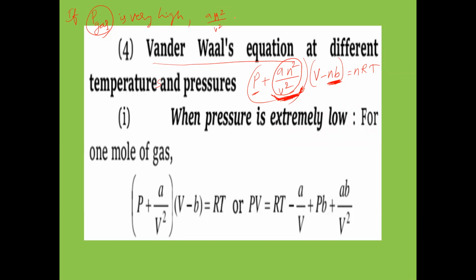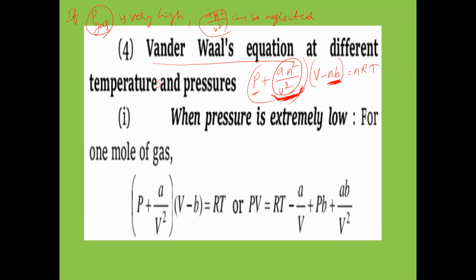An square by V square can be neglected. When you neglect An square by V square, tell me what happens? Then P plus this term becomes P only.